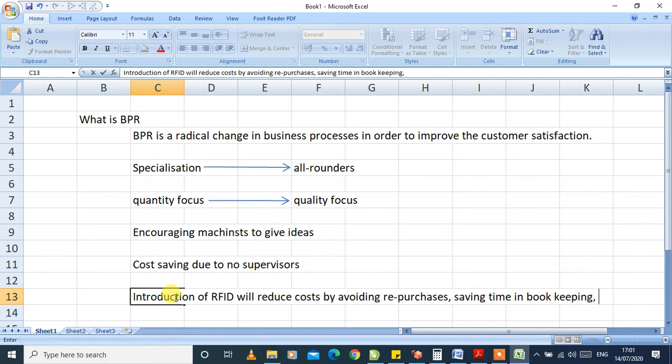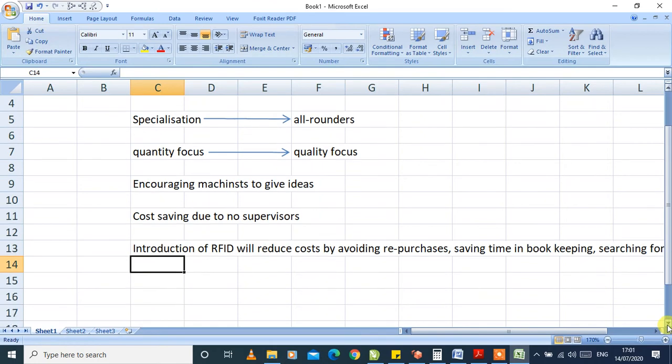Yeah. Searching for materials, etc. All that could be avoided, right? Because you are going to have a radio frequency system which real time, any particular time, it shows you how much of inventory is there, where the inventories are going to be. So you don't have to search for the inventory, you can see the location also, right? That's another advantage.